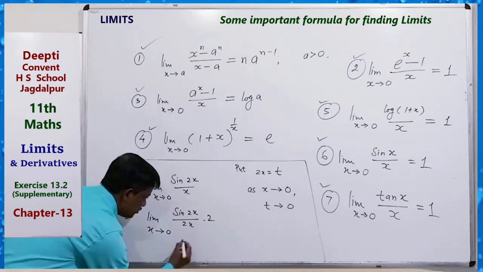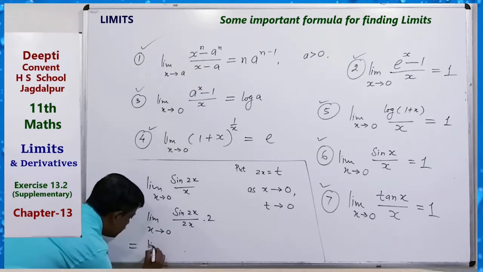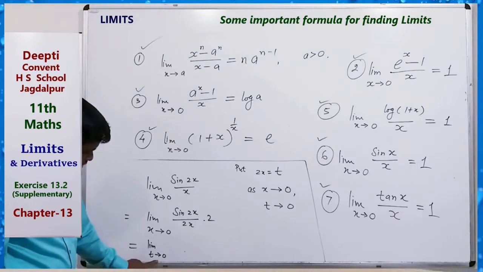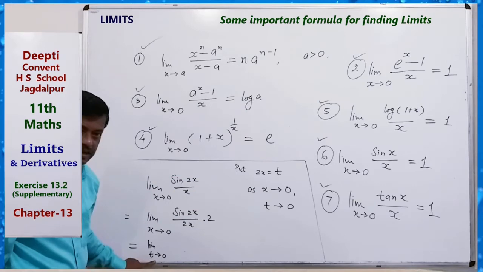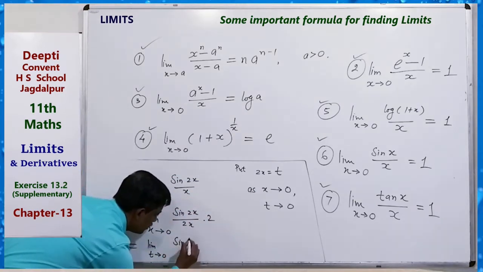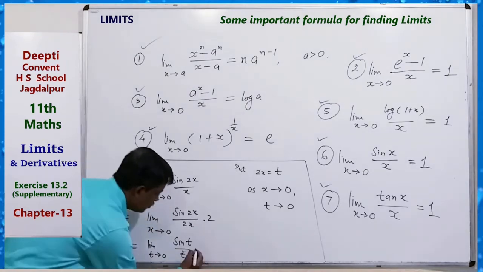Now this equals limit t tending to 0 of sin t upon t into 2.